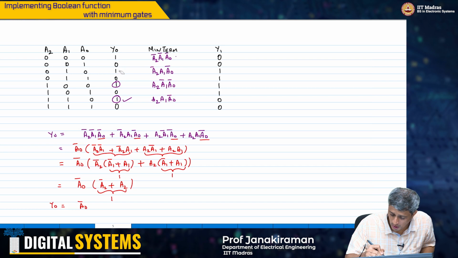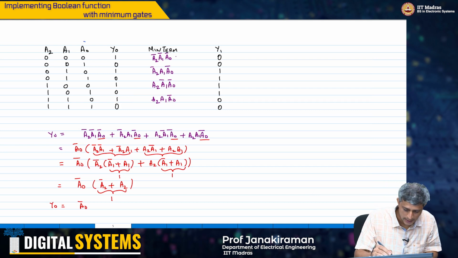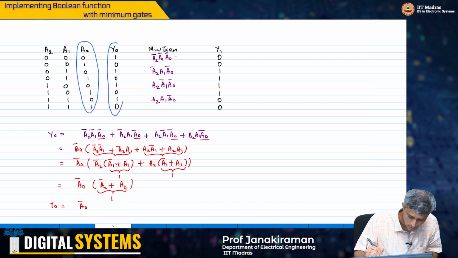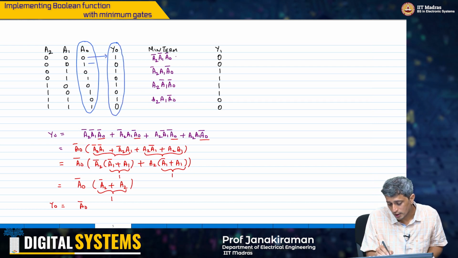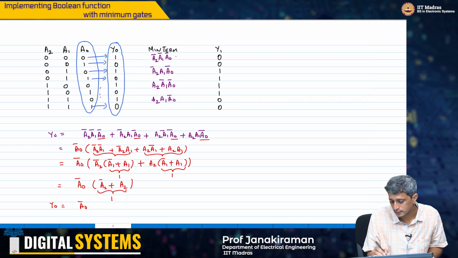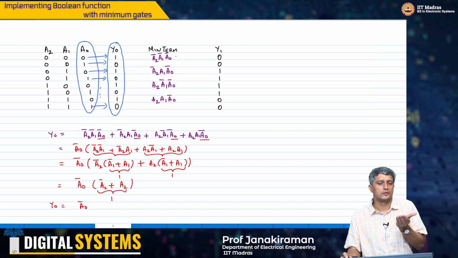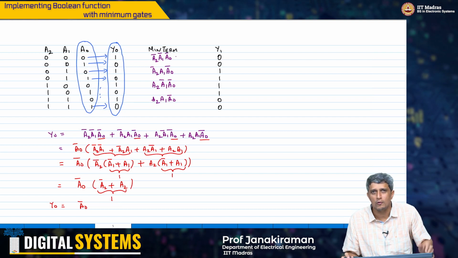Actually, this is not very hard to recognize, because all you have to do is look at A0 here and Y0 here, and you will see that the input A0 is just being complemented in all the cases. Sometimes by inspecting the truth table it is possible to tell that Y0 is just equal to A0 bar.